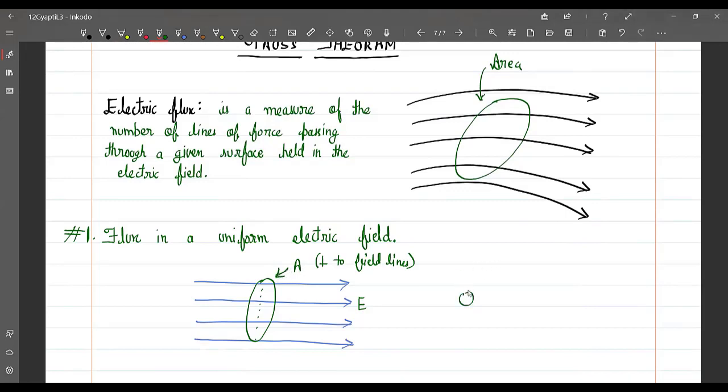So simply we write phi. Phi is the value of electric flux. We simply write it as E into the area. As simple as that. Just multiplying the uniform electric field with the area. Now this holds only when area is perpendicular to field lines.